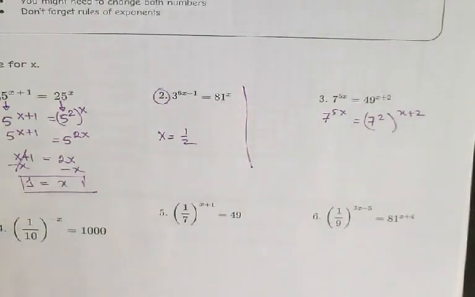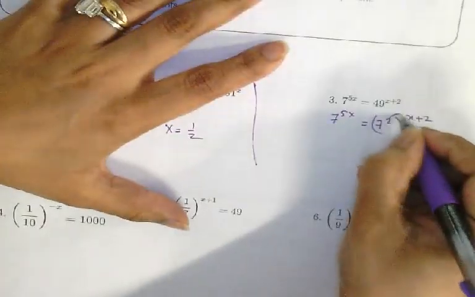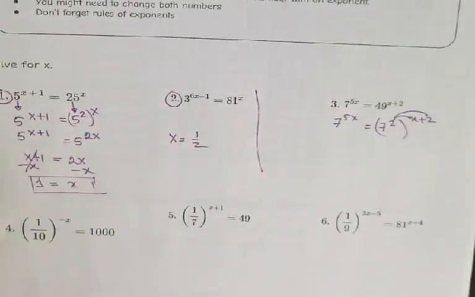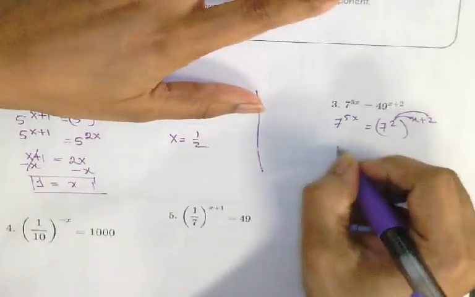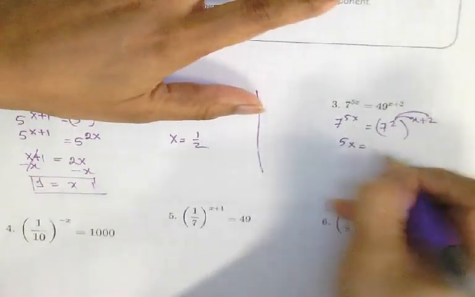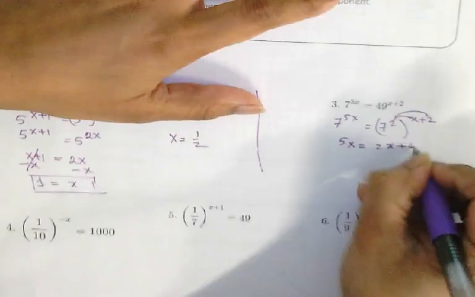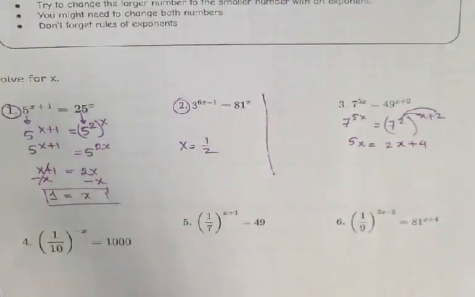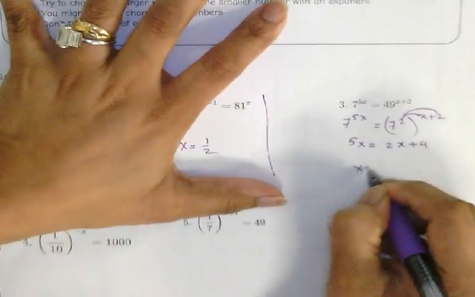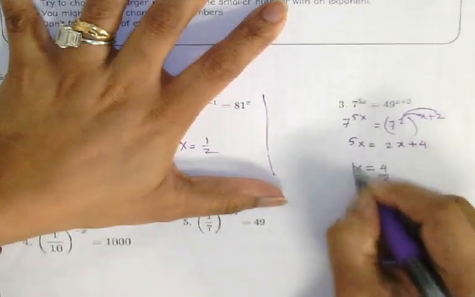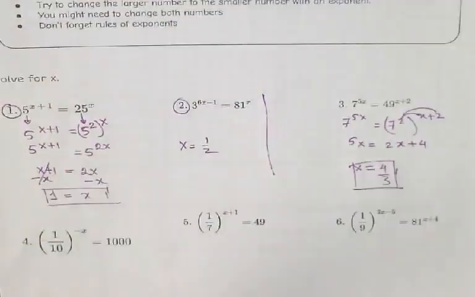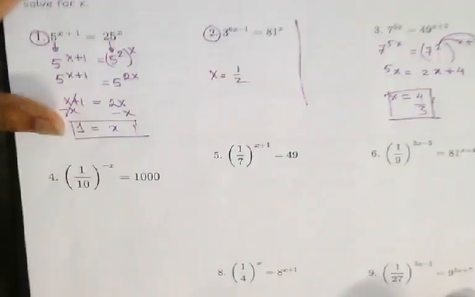Whenever you are multiplying with it, this will be distributed with both of them. It's not only one of them. The whole thing is together. So if you don't do it, you're going to end up with the wrong answer. So 5x will be equal to 2x plus 4. Bring everything on one side, and if you solve it, x is going to be equal to 4/3. Many of you did it correctly. Good job.